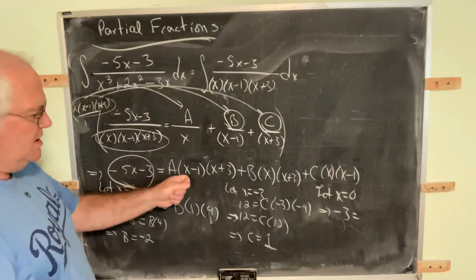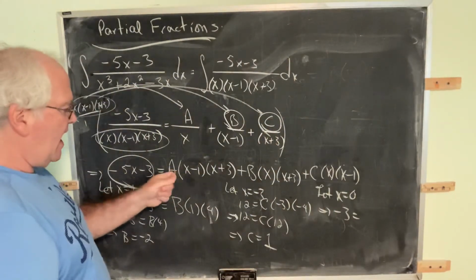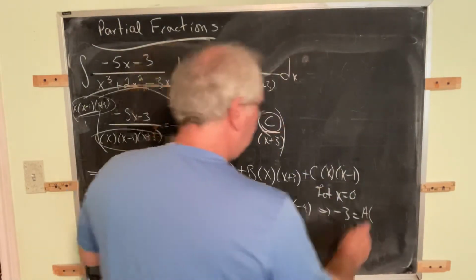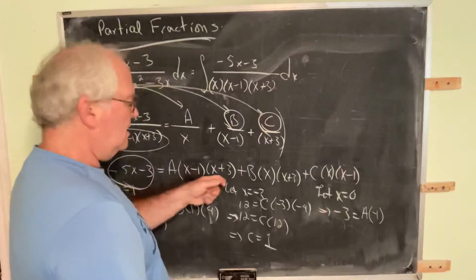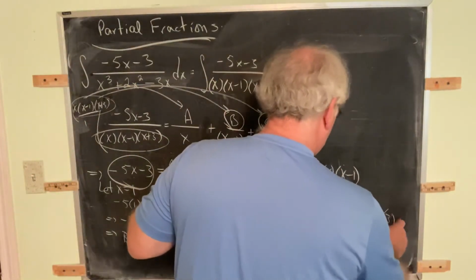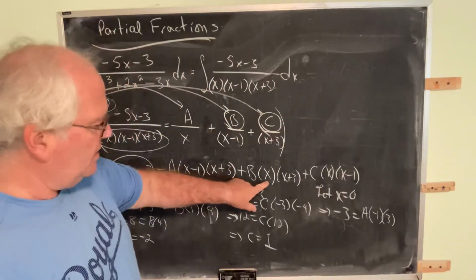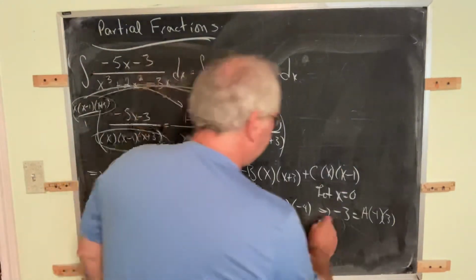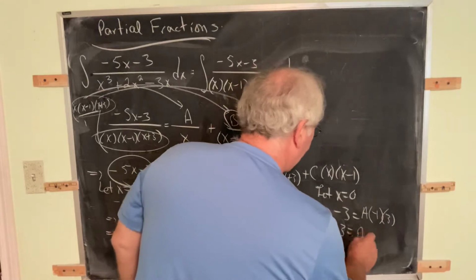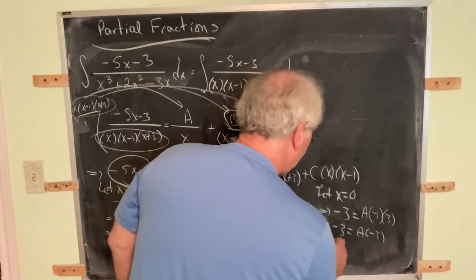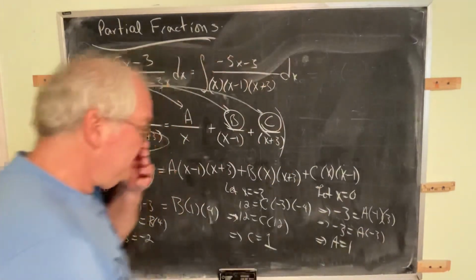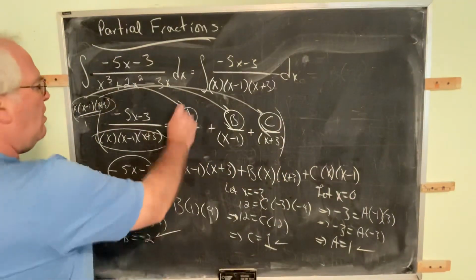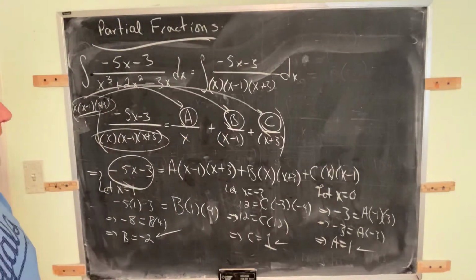If x is equal to 0, this is a times -1 times 3. When x is equal to 0, this falls out. When x is equal to 0, that falls out. And so I have -3 is equal to a times -3. So a is equal to 1. So we have b, we have c, we have a, we have all three coefficients for the partial fractions.